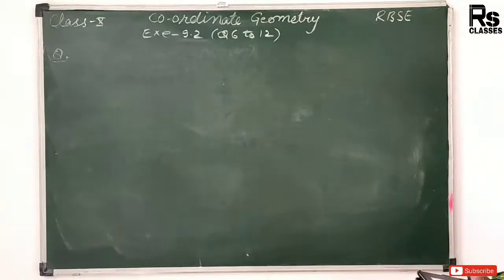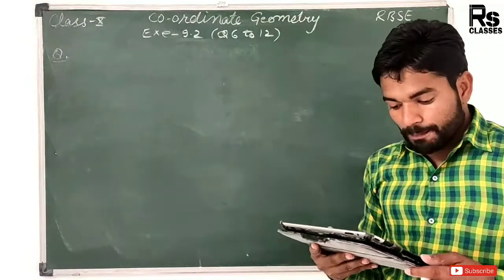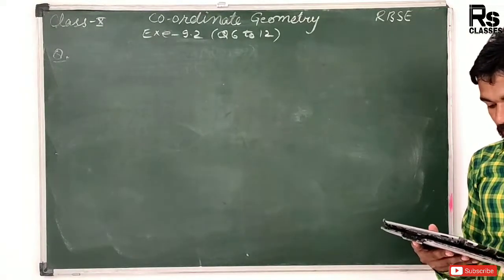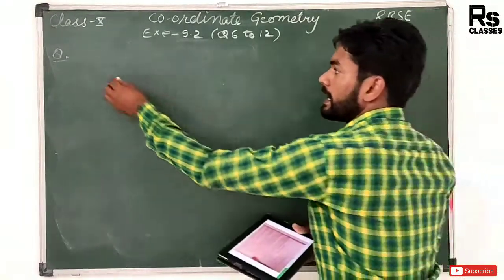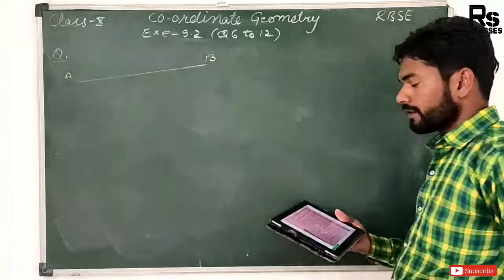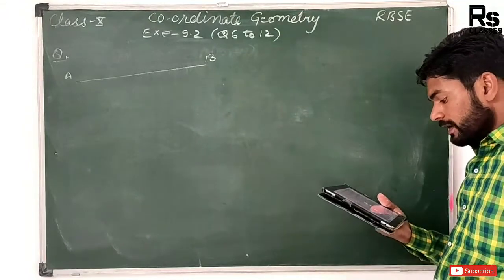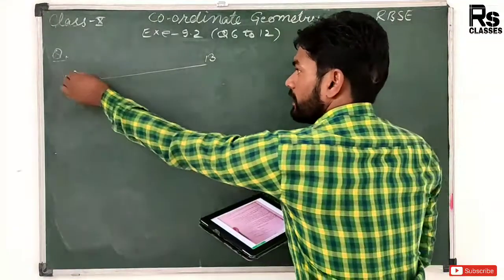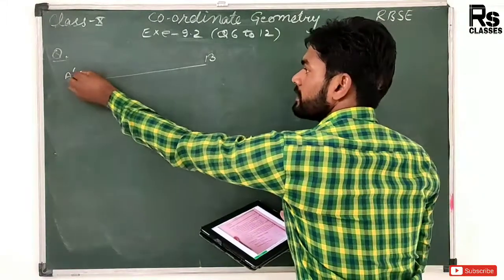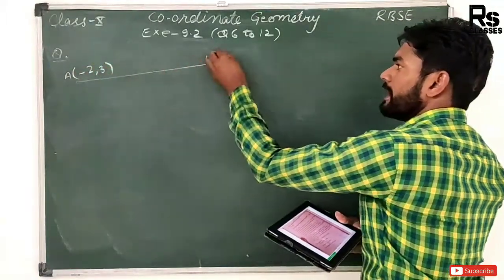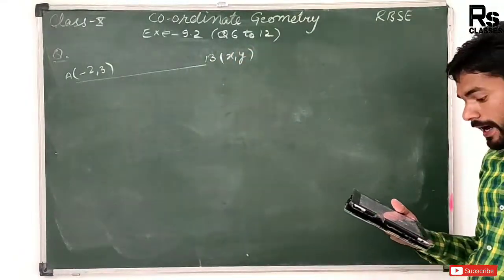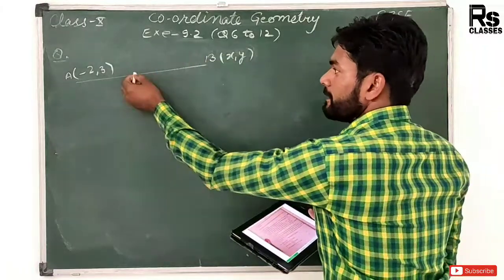Question number 8 is: if point P (3, 5) divides the line segment which joins AB. A line segment AB is given, and the coordinates of the point A are (minus 2, 3) and B are (x, y), and the point P divides AB internally.